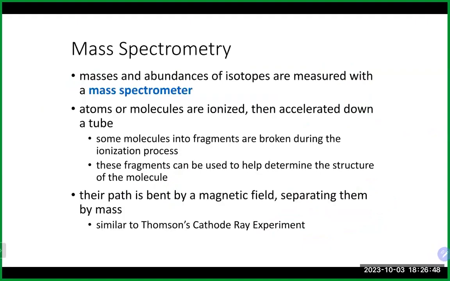There we go. So how can we figure out the percentages of each of these isotopes and maybe their relative masses? One of the techniques that's used to do this is what's referred to as mass spec or mass spectrometry. And basically it is atoms that are ionized, sent down tubes where there's an electrical field and a magnetic field.